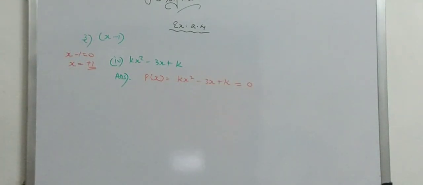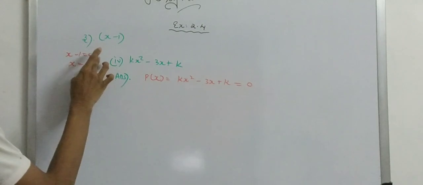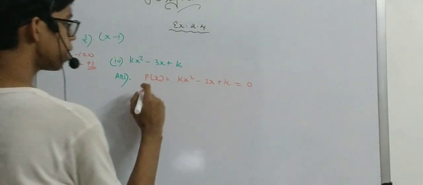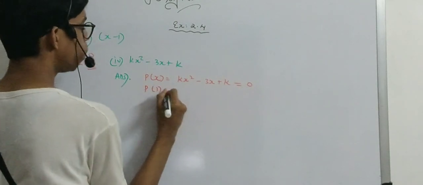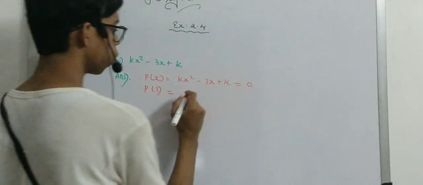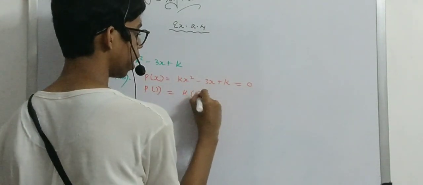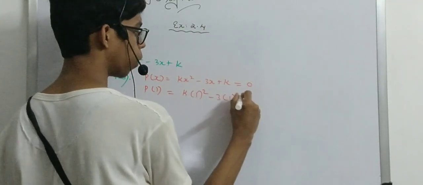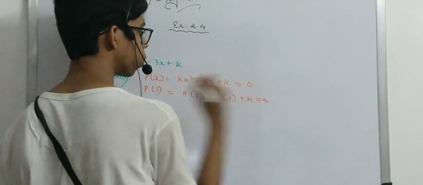Okay, now since x minus 1 is a factor, we can equate it to 0. So from here we will be getting x is equal to plus 1, which means we have to find the value of p of 1. Okay, so now substitute this 1 in place of x. So we will be getting k into 1 square minus 3 into 1 plus k is equal to 0.